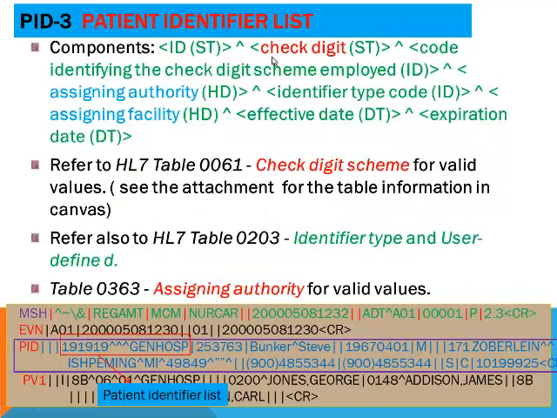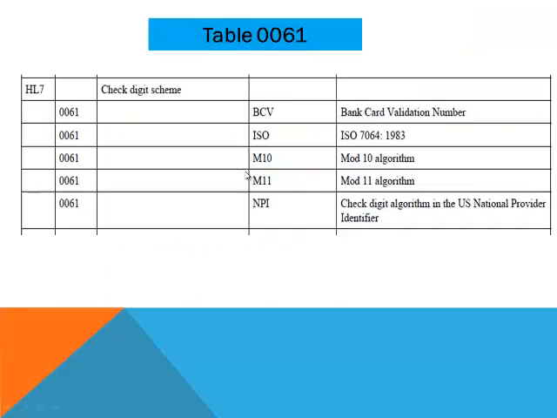For example, the check digit. The check digit can be obtained based on the check digit scheme. Which check digit scheme is employed comes from table 0061, which I listed here. Different codes here mean different schemes.